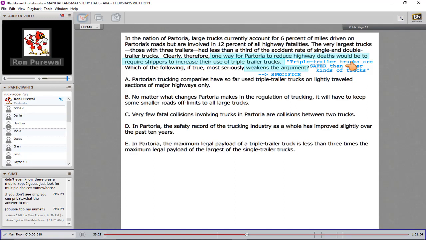How are they arguing that? Well, big trucks in general are 6% of the miles on the road, but are 12% of highway deaths. But the biggest trucks, the ones with 3 trailers, have a lower accident rate.